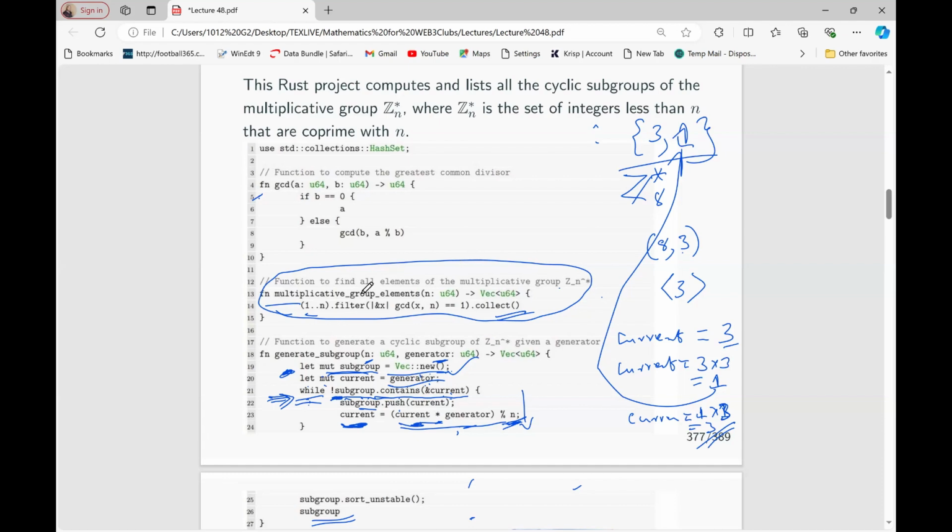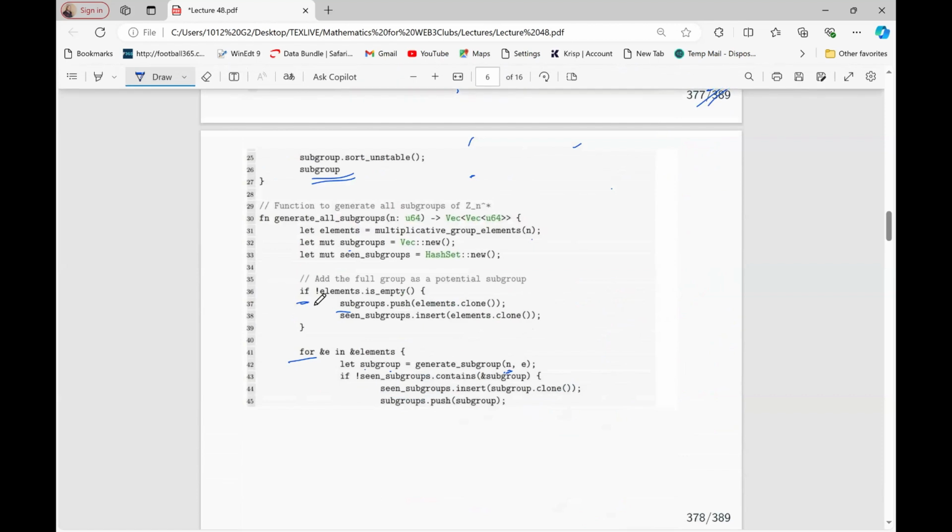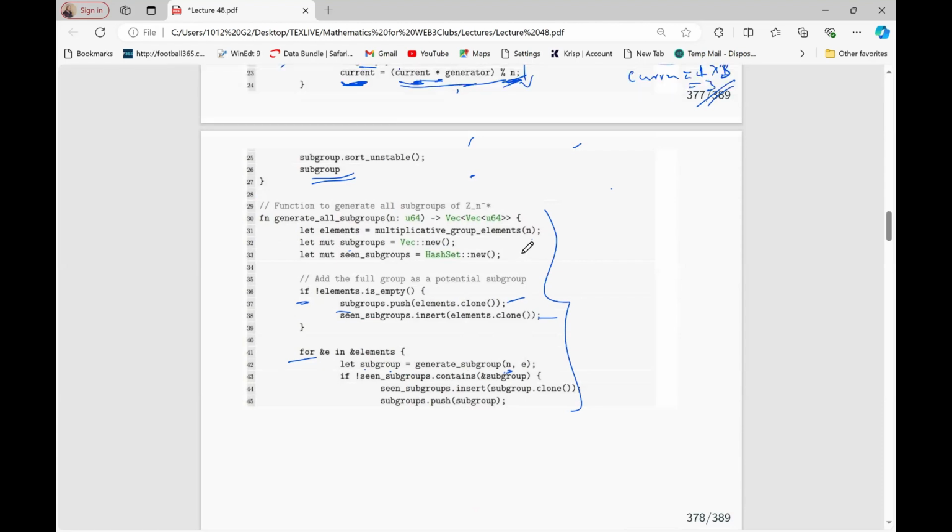So once this one gets the subgroup generated by 3, this one, as we've explained, takes that subgroup and inserts it here. No, not here, it's here. The seen subgroup, and then pushes it to the subgroups.